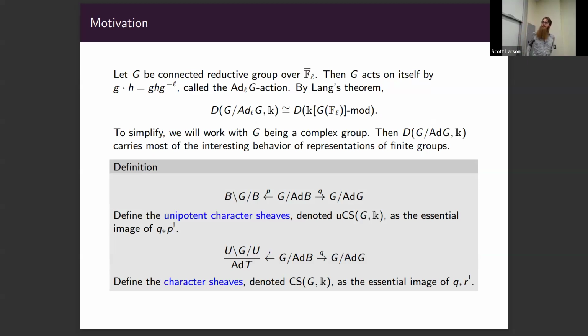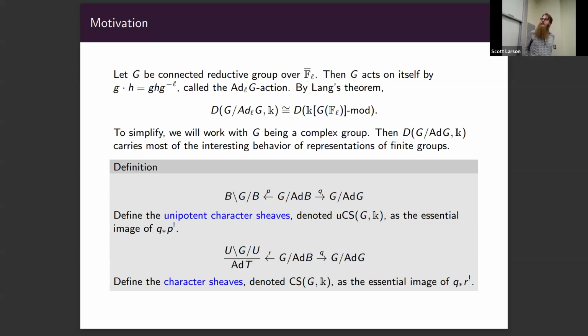This technically doesn't depend on the coefficients that we work with, but the basic idea with character sheaves is you're trying to find a geometric theory of characters of finite reductive groups. So you can let a reductive group act on itself by some slightly enhanced version of conjugation that depends on the characteristic of your ground field.